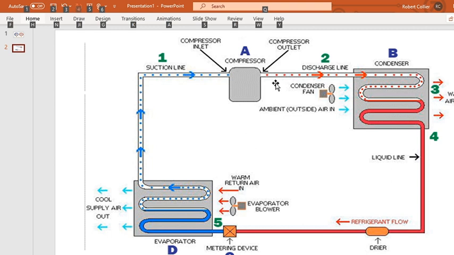The condenser takes this refrigerant in a high pressure, high temperature vapor form, and it runs through this coil. It enters the top, and as it runs through this coil, a fan called a condenser fan outside blows the outside ambient air, which is cooler than the refrigerant, across it.